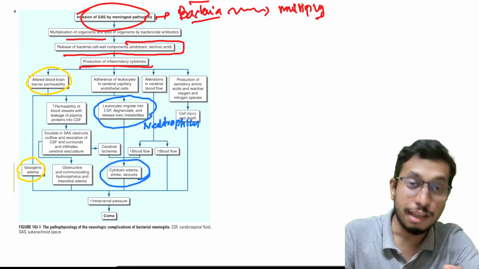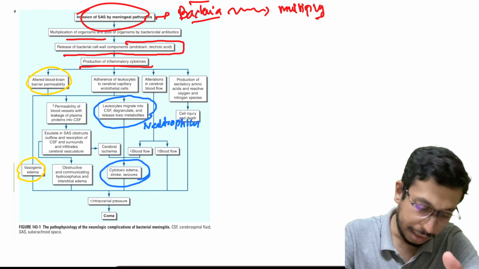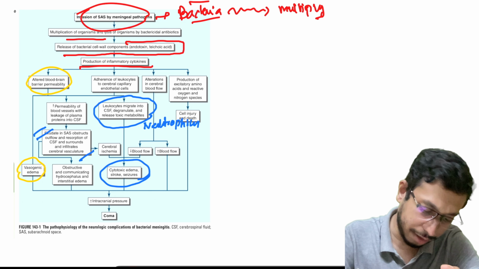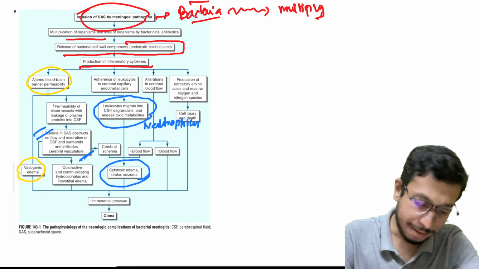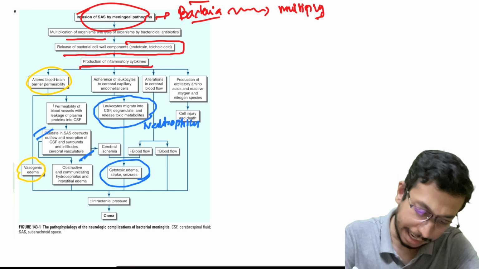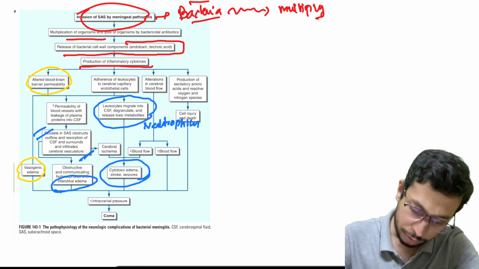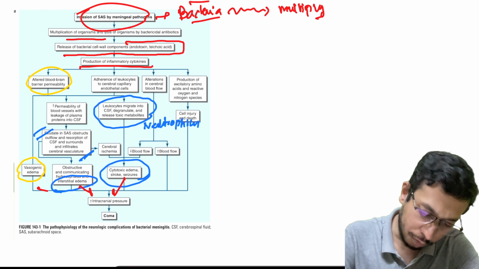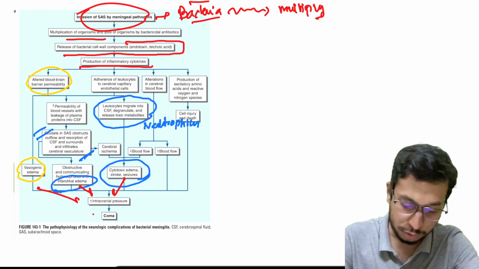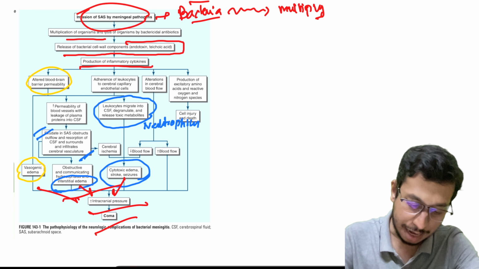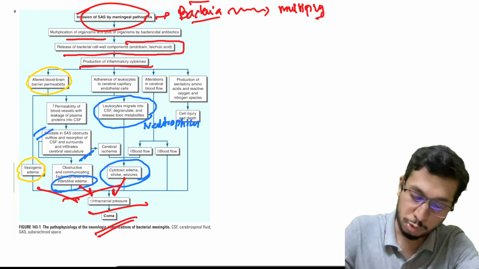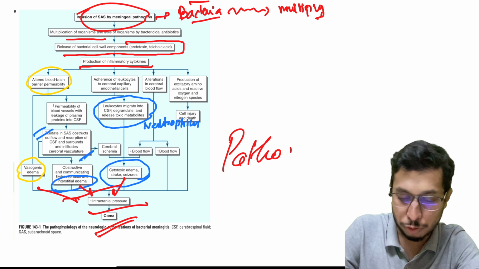Then, as there is increase in exudate, this exudate obstructs the subarachnoid space, resulting in obstructive and communicating hydrocephalus, causing interstitial edema. So all of these pathways together result in increase in intracranial pressure and ultimately a state of coma.